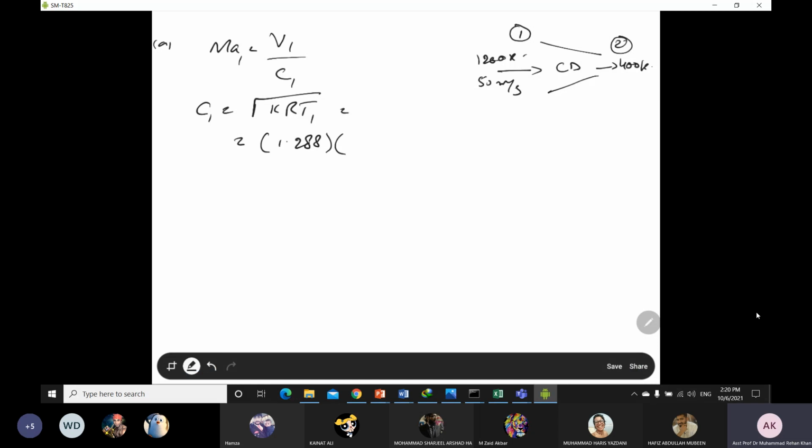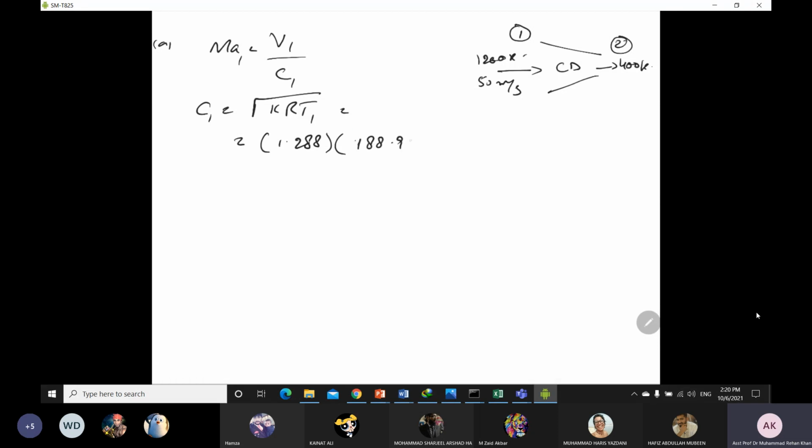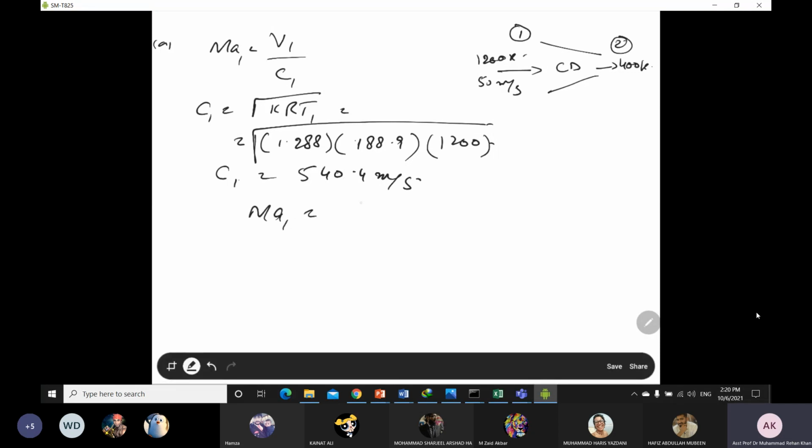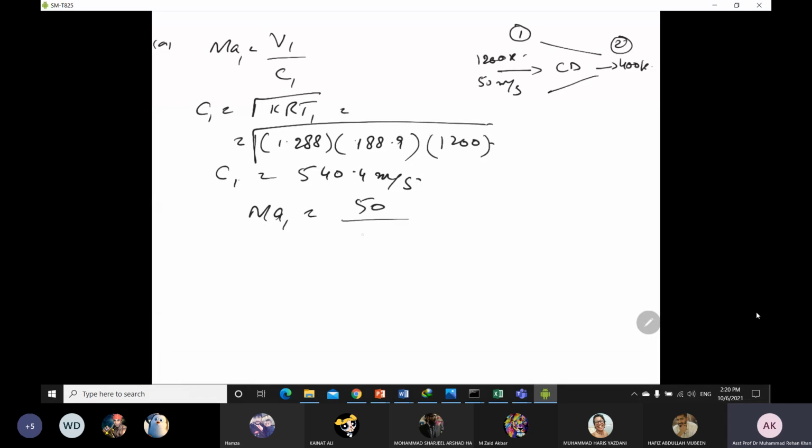The gas constant for carbon dioxide is 188.9 joule per kg Kelvin, and the temperature is 1200 Kelvin. If you take the square root, it will be 540.4 meter per second. So now Mach number 1 becomes 50 divided by 540.4, which is 0.0925.